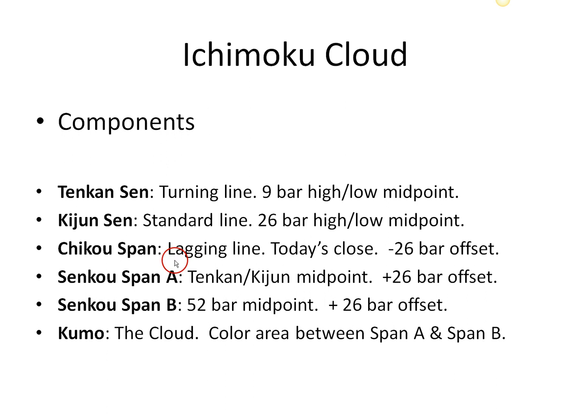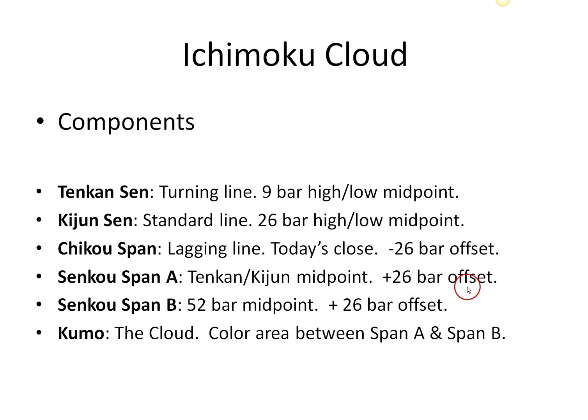The Chikou Span, also called the lagging line, is today's close with a minus 26-bar offset. It's plotted 26 bars behind today's bar. And the fourth component is the Kumo, or the cloud. And that's made up of 2 other things. The Senkou Span A, which is the midpoint of the Tenkan Sen and the Kijun Sen, and that has a plus 26 bar offset.